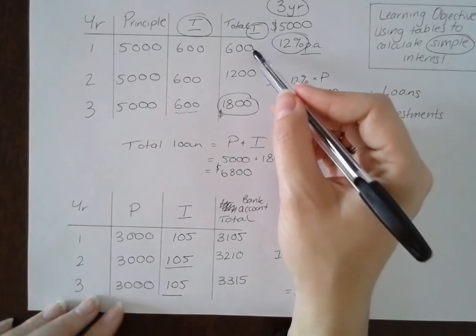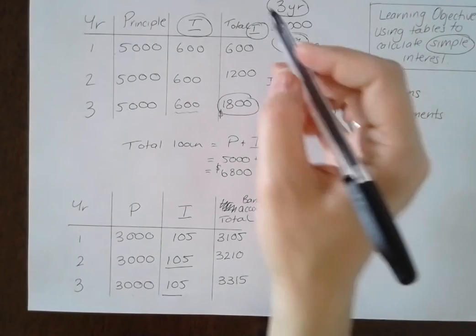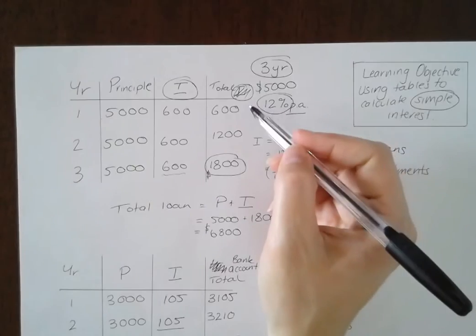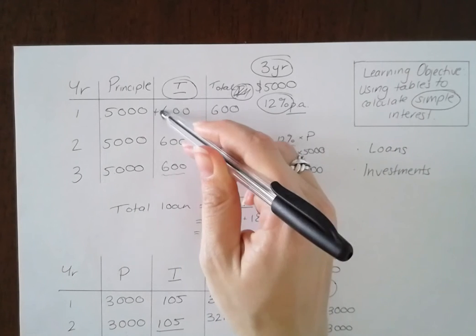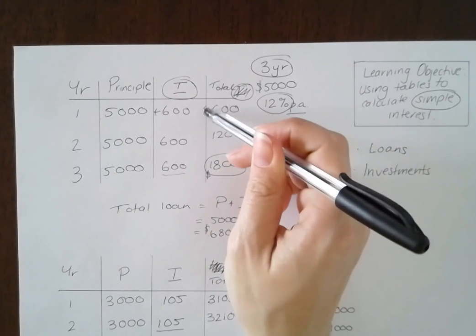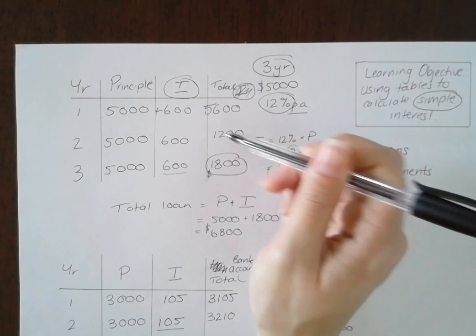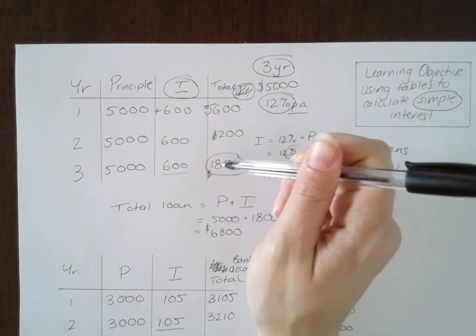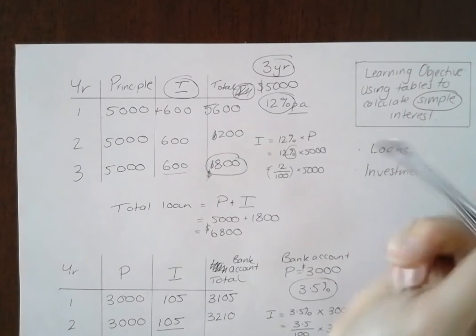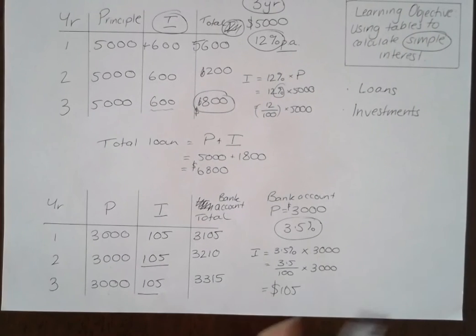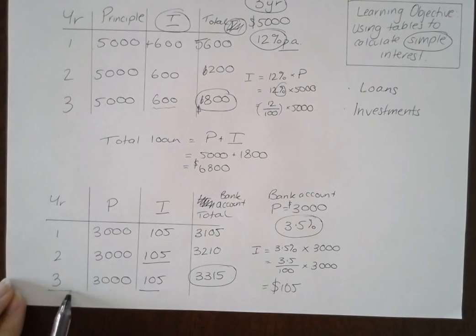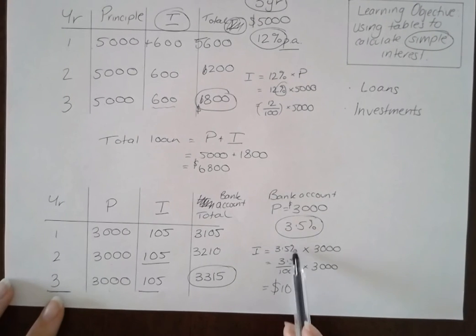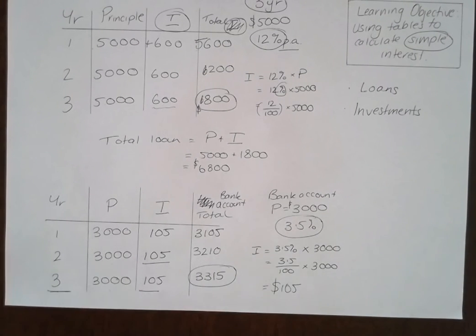If we had to do the same thing over here, and instead of saying total interest, we'd say, all right, our principal plus our interest will get us to 5,600, and then we'd be up to 6,200 and 6,800, and that's okay. So keep in mind, this here is how much money we would have in our bank after 3 years if this was how much a percentage of interest we were earning.